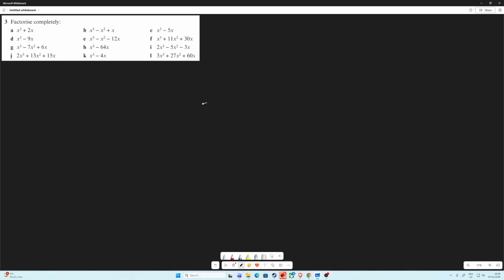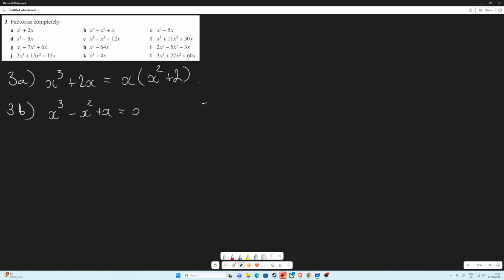So let's factorize. Let's start here. 3a, x cubed plus 2x. Well, we can only take the factor of x out. So we have x times x squared plus 2. Let's try 3b, x cubed minus x squared plus x.